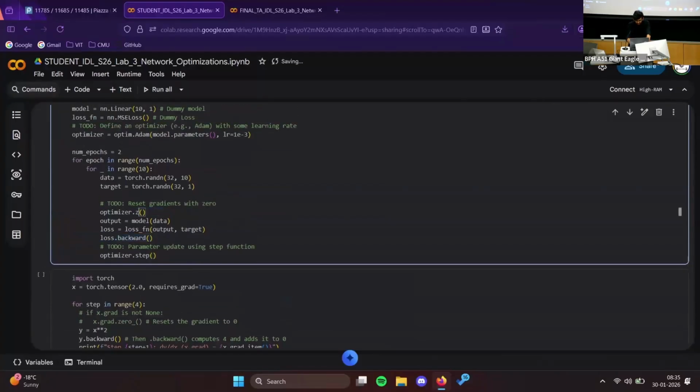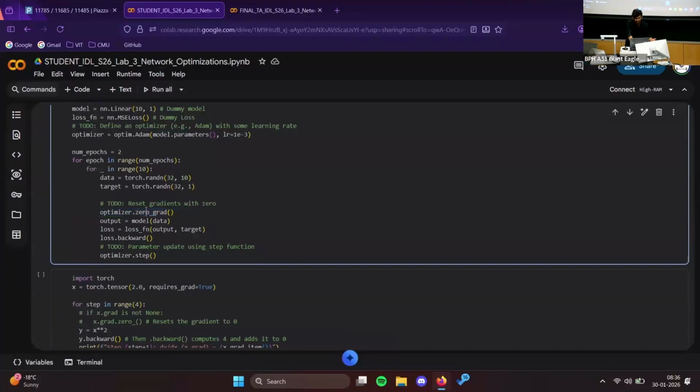We need to do optimizer.zero_grad before doing anything, because when we are calculating the gradients with respect to loss in this particular line, and when we are looping and coming back to this line again, the gradients won't clear out automatically. So the gradients accumulate. So let's say in the first pass, the gradient calculated was 2, and in the second pass, the gradient calculated was 3.